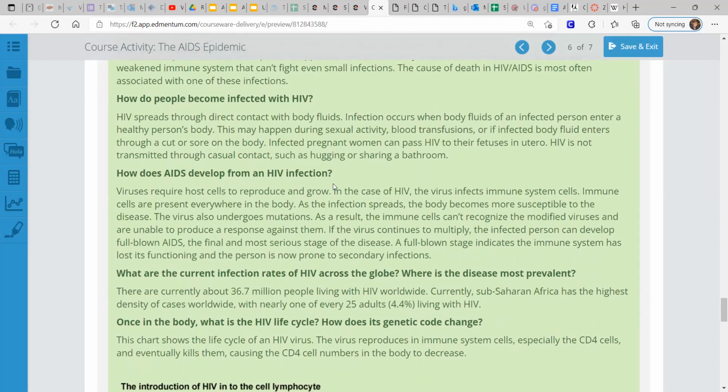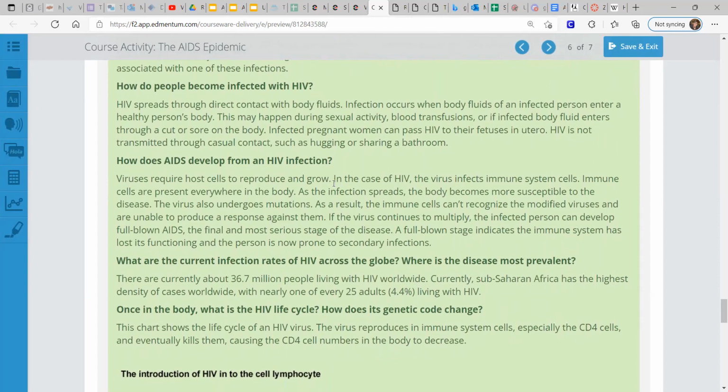How do people become infected? Well, it spreads through direct contact with body fluids. That could be during sexual activity, blood transfusions, or if infected body fluid enters through a cut or sore on the body.